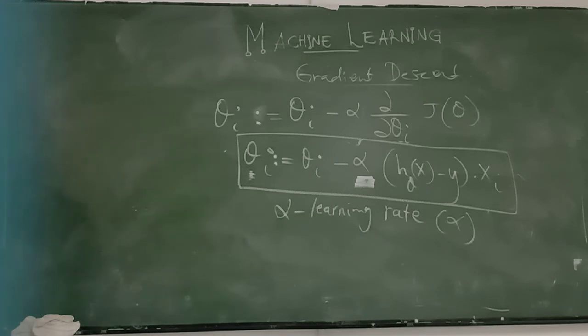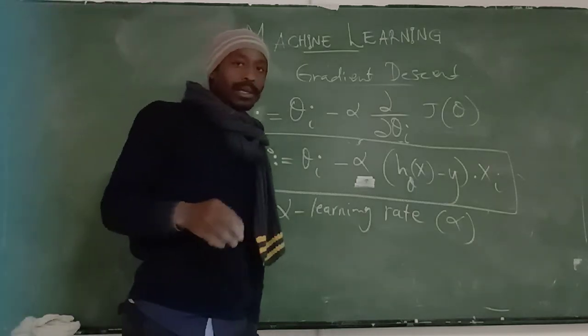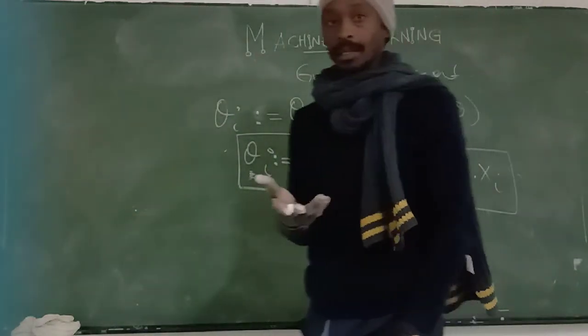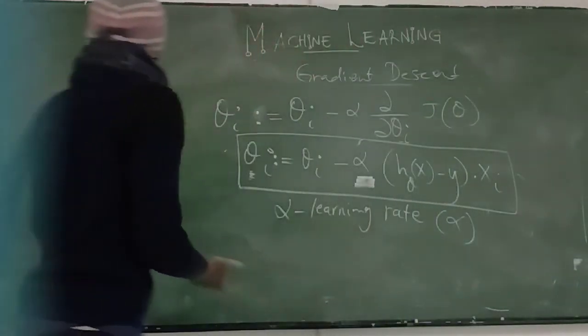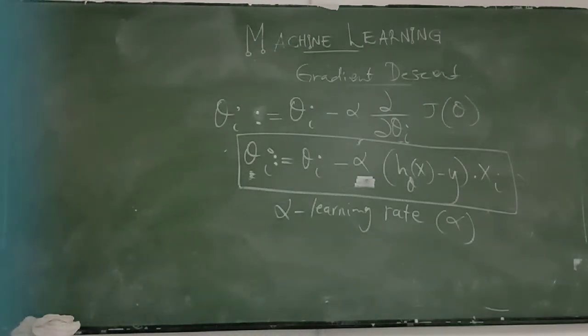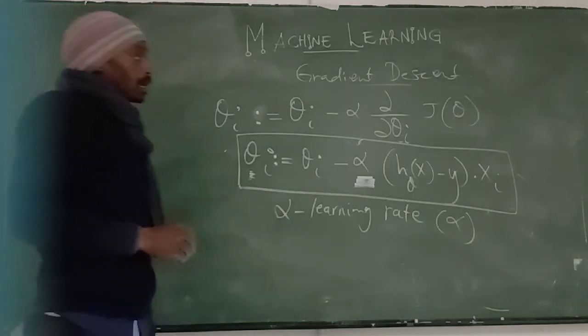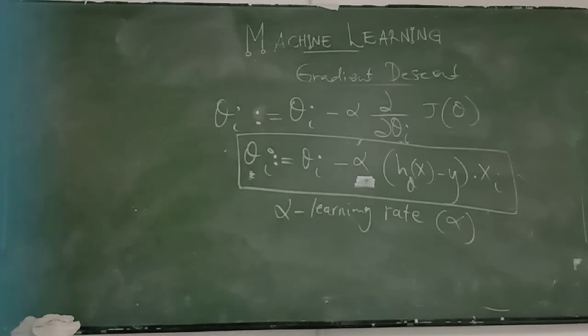Basically, the idea of the gradient steepest descent is to repeatedly take steps, all right, until you converge to the local minimum. Bear in mind that at the local minimum, the gradient is definitely equal to 0.